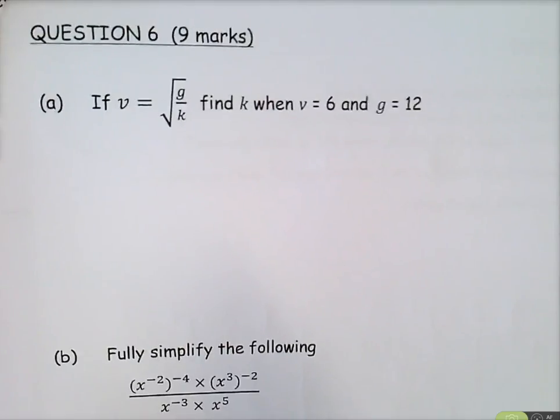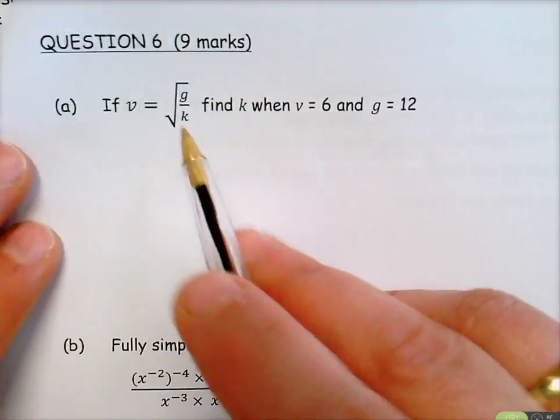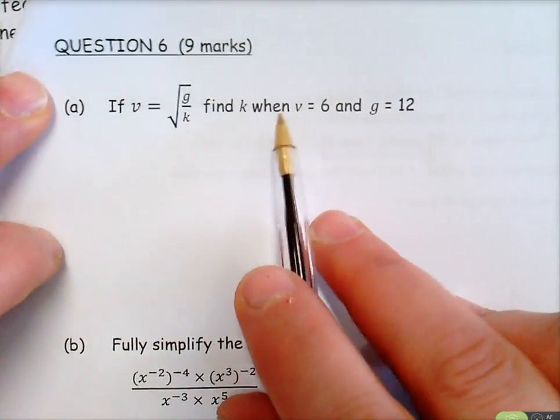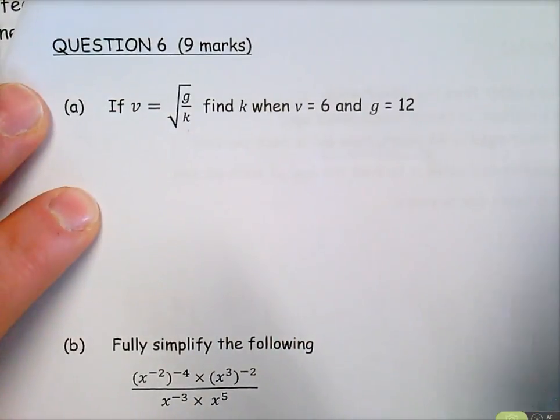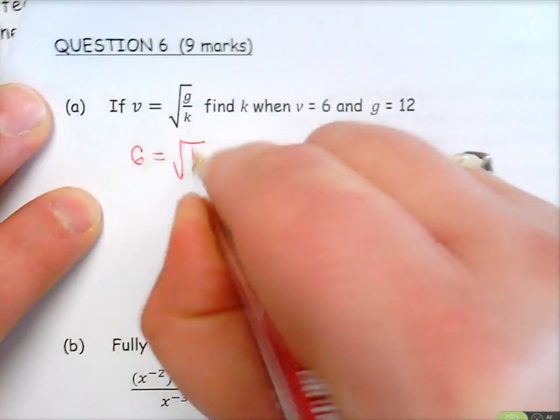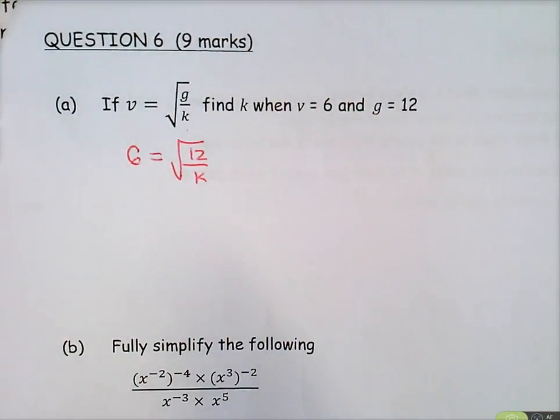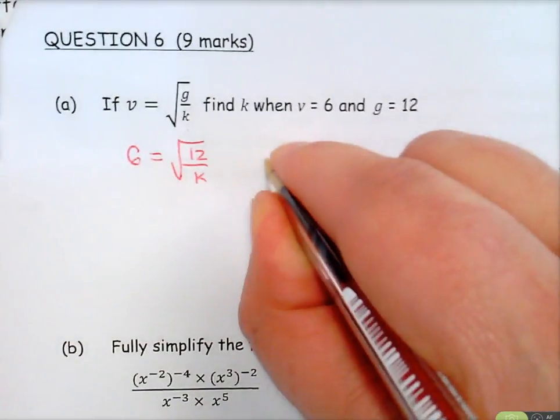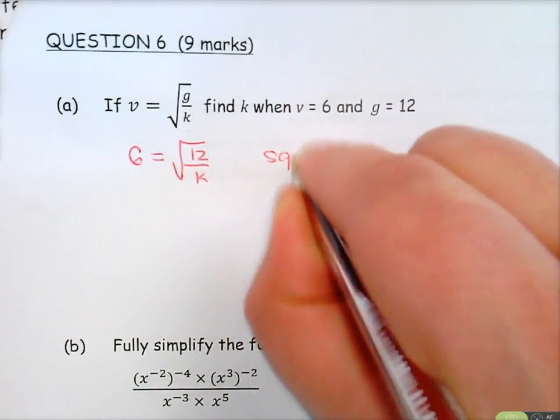Next, question 6a. If v equals the square root of g on k, find k when v is 6 and g is 12. First thing you want to do is substitute. 6 equals the square root of 12 over k. What's in my way? The obstacle now is the square root sign. The inverse operation of square rooting is to square.